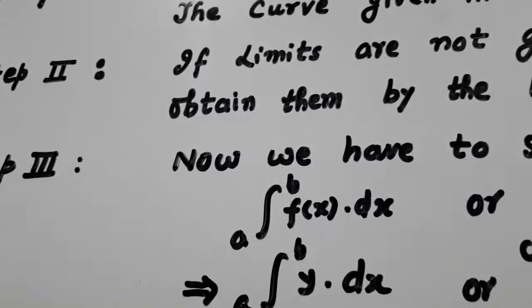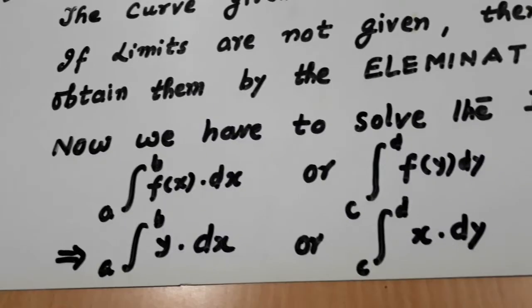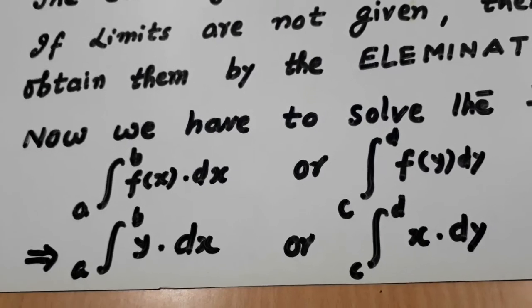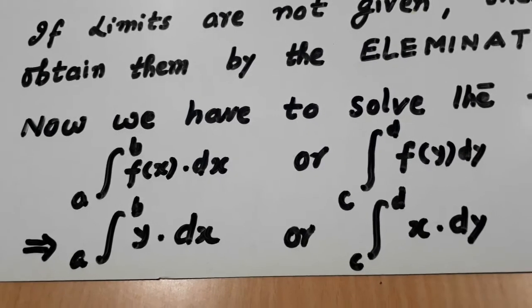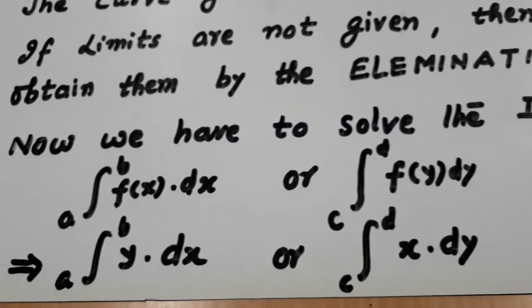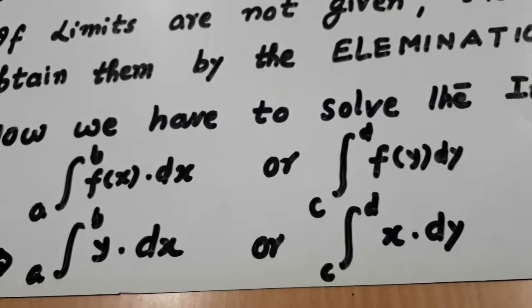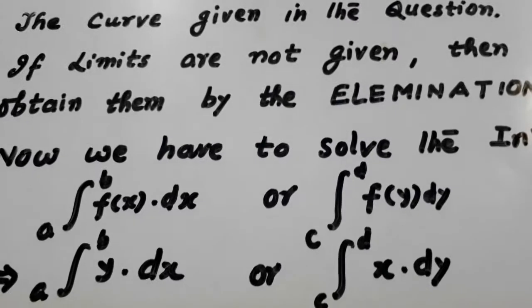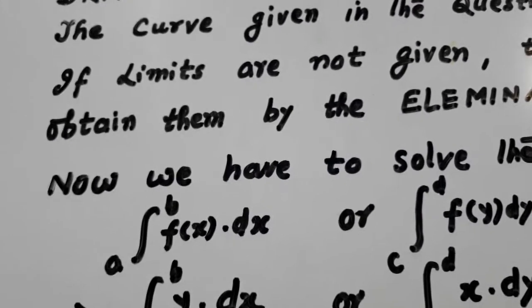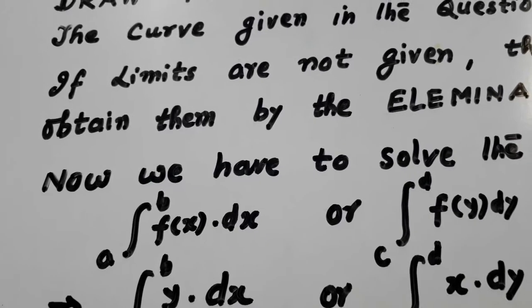Third step is we have to find the integral, and the formula is either a to b y dx or c to d x dy. Either the limits are on the x-axis or the limits are on the y-axis. So this is the procedure. You will find that it is very, very simple.